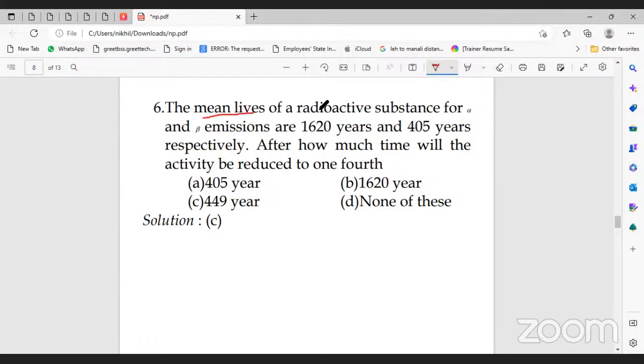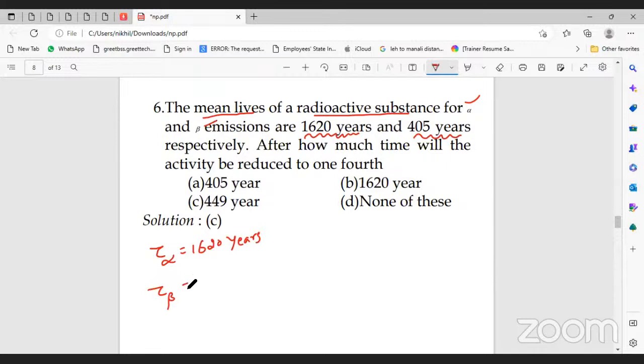The mean life of the radioactive substance which is emitting alpha and beta emissions are 1620 years and 405 years respectively. Mean life for alpha is 1620 years.